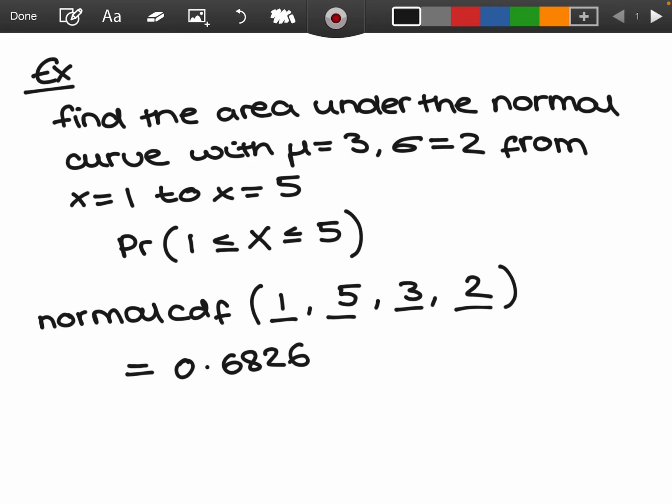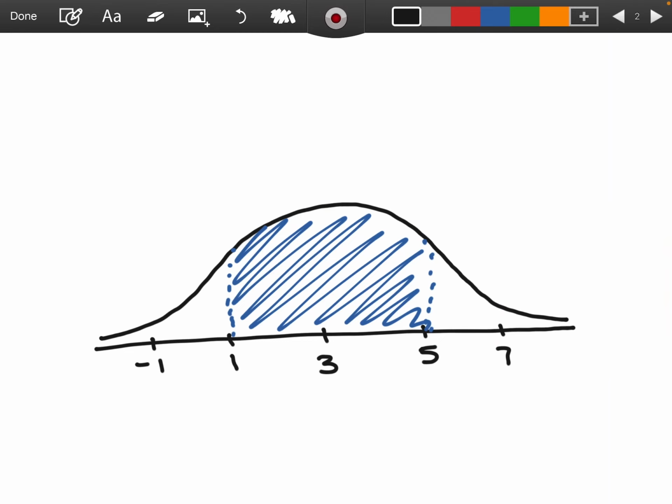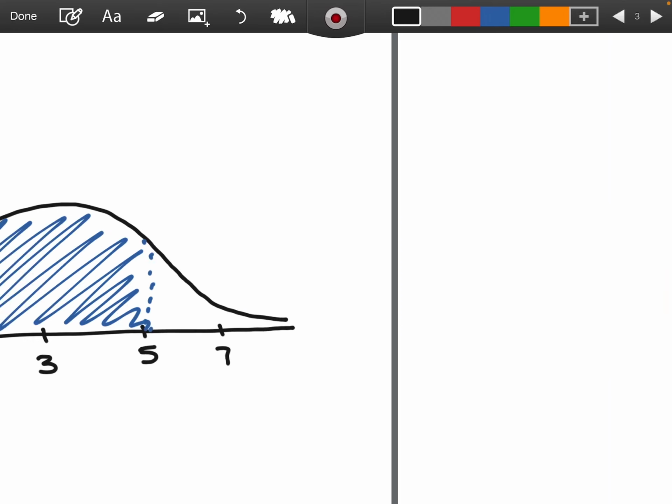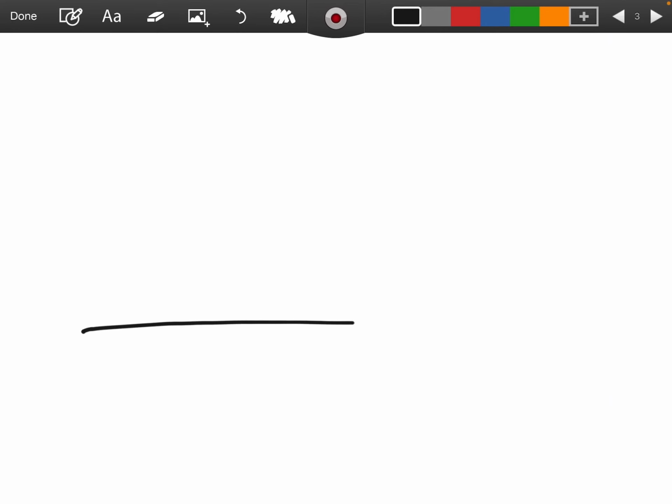But let's think of this in terms of our standard normal distribution again. Coming back to our picture, like I said, we're looking at what's the probability that I'm within one standard deviation either side of the mean.